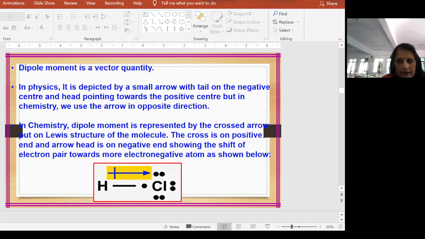But in chemistry, it is represented by a crossed arrow, like I have made it here. You can see a crossed arrow on the Lewis structure. The cross is on the positive end and the arrowhead is on the negative end. It shows the shifting of electron pair from the positive side to the negative side. So here you can see the positive cross and the head arrow pointing towards the more electronegative atom, that is Cl.